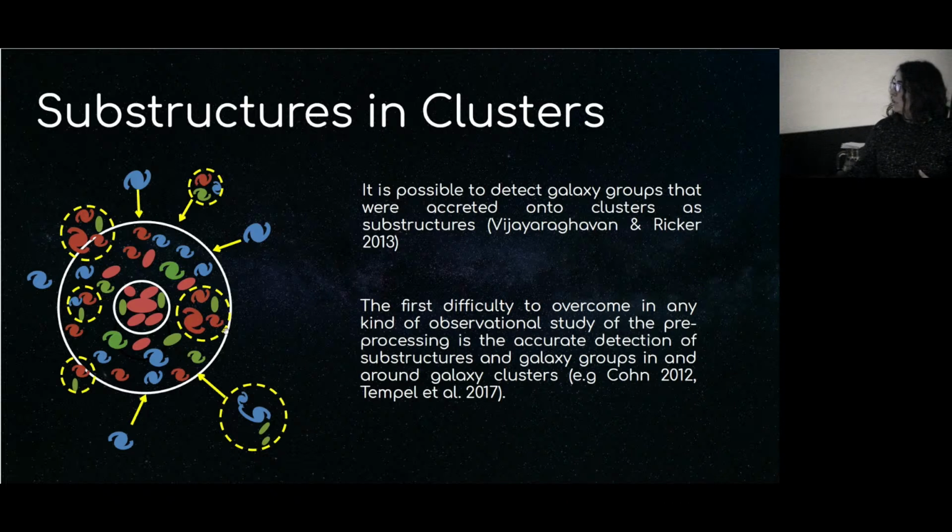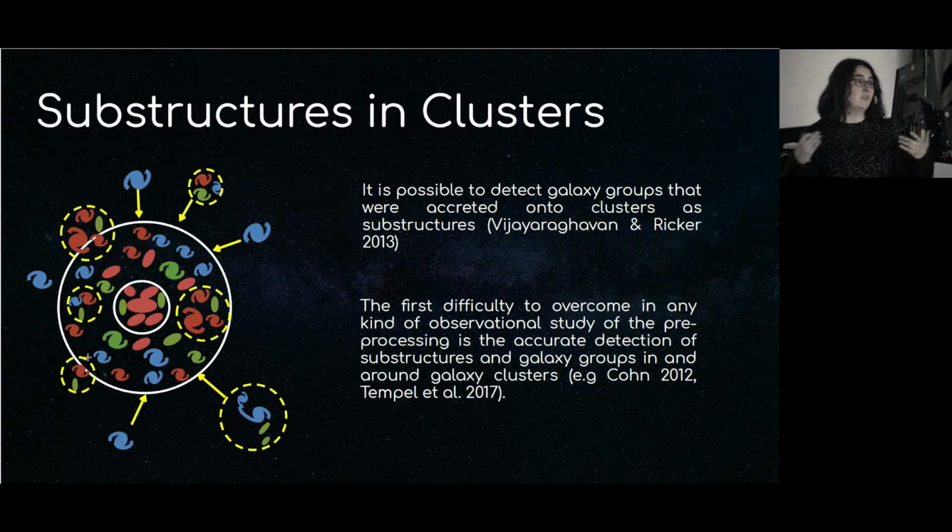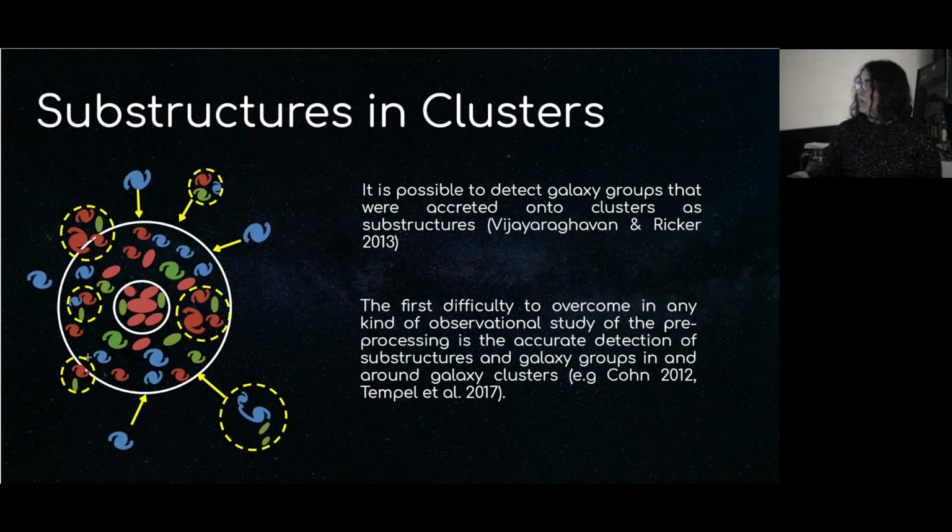And we can identify substructures within galaxy clusters that correspond to galaxy groups that fell in the past into the cluster environment. In the outer regions of galaxy clusters, it is easier to identify galaxy groups and substructures because they retain several properties related to the progenitor groups, for example, densities, X-ray emission, and so on.